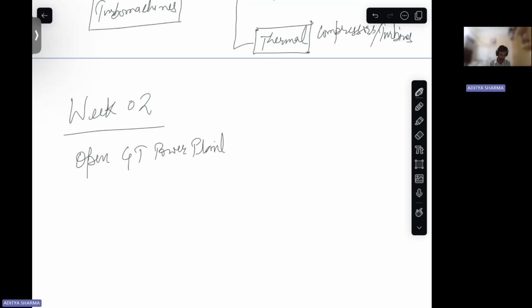Which is for gas turbine. What is an open gas turbine power plant? In an open gas turbine power plant, the same working fluid will not keep on moving in this cycle, the Brayton cycle. You'll have a compressor, you'll have a combustion chamber, you'll have a turbine.